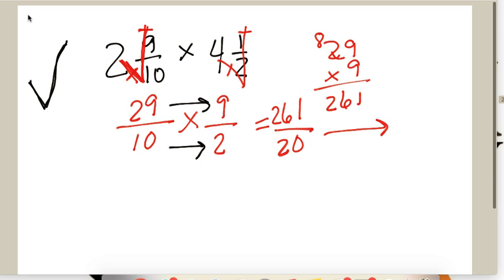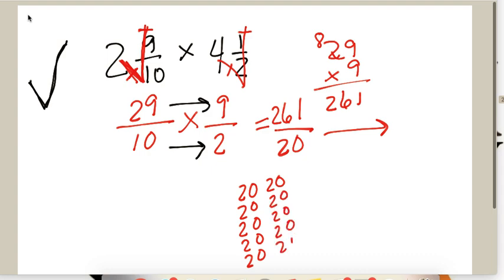So I would say, well, we have 20, another 20 would be 40, another 20 would be 60, 80, 100. So then I could do another 20, it would be 120, 140, 160, 180, 200.